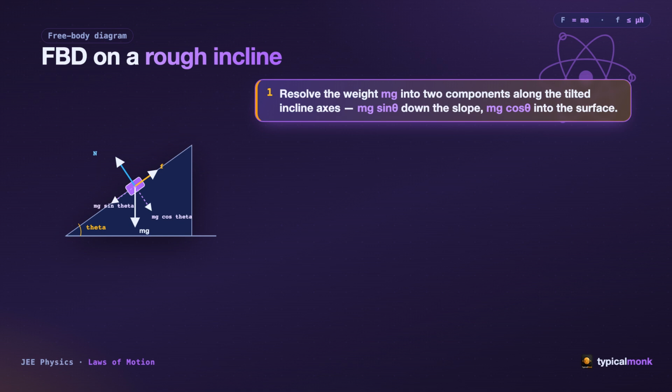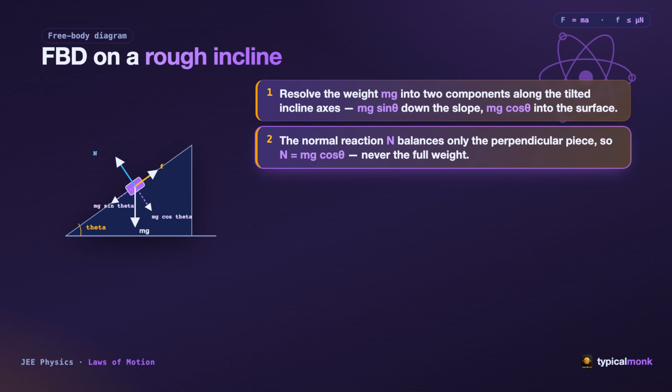The weight, mg, always points straight down, but on an incline, split it into 2 components along the tilted axis: mg sine theta down the slope and mg cosine theta into the surface. The normal reaction, N, only ever balances the component of weight pressing into the surface. So N equals mg cosine theta, never the full weight.